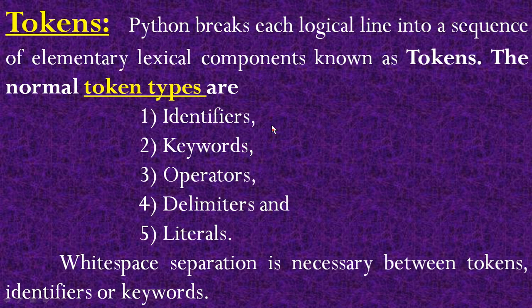For example, X, Y, etc. Keywords are special commands of Python. For example, while, do, if, else, etc. Operators, plus, minus, etc. Delimiters, full stop, comma. Literals, these are the character constants A, B, etc. White space separation is necessary between the tokens, identifiers or keywords.